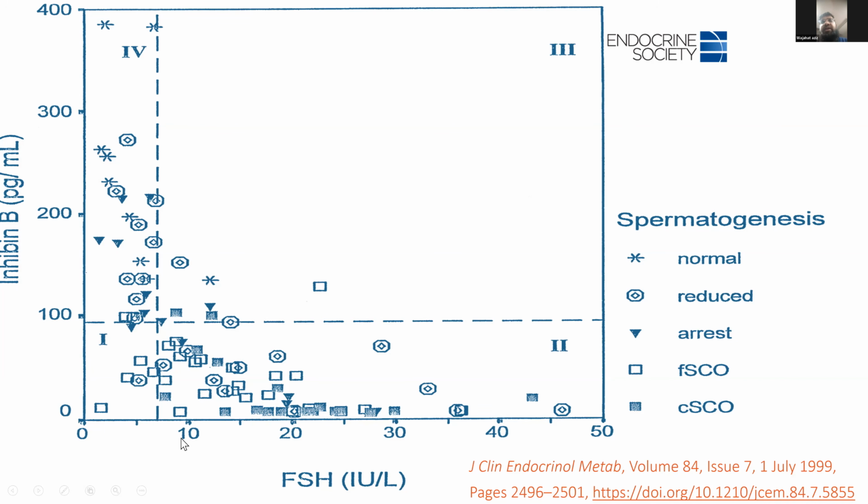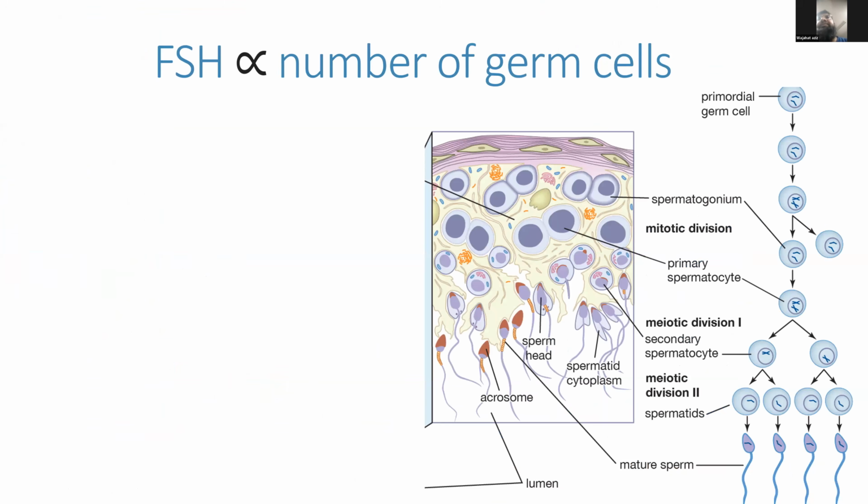So if you really have to find a cutoff of what is a normal FSH, although in most labs it is 12, if you are considering the diagnosis of obstructive azoospermia, those patients with an FSH of more than 5 may have a potential non-obstructive cause. I would further try to clarify it.